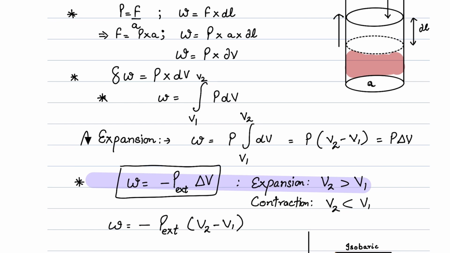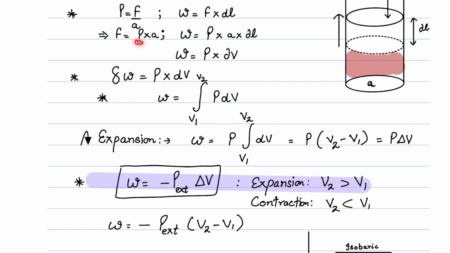We are applying a pressure on this piston and this piston is moving a distance dl with the area of cross section A. So, we know that pressure is equal to force upon area and work done is equal to force multiplied by displacement. So, displacement in this case is dl, a small change in the distance.